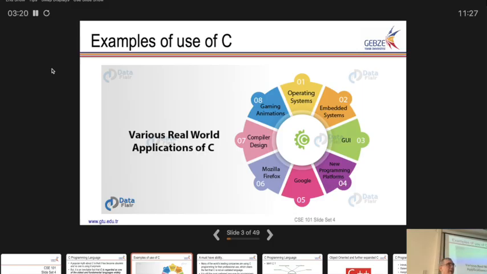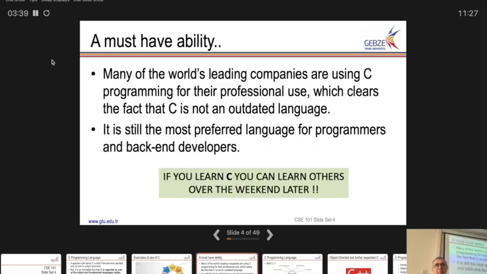When I say C programming language, I also include C++ and C#, possibly a little bit Java and JavaScript, because they are correlated.